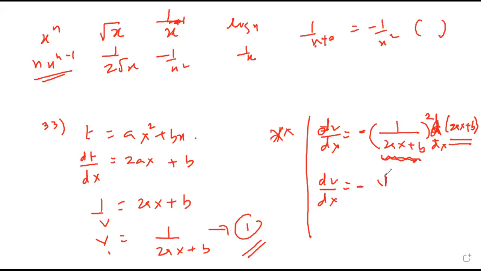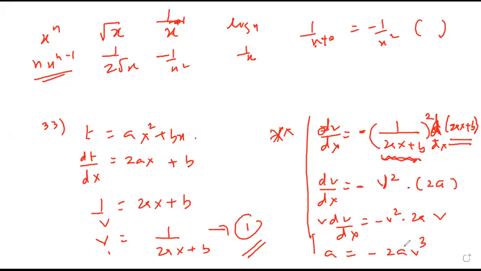This term became v square, so 1 upon 2x plus b is v square. Now the derivative of 2x plus b is 2a. So dv by dx will be minus v square into 2a into v. This is the acceleration: minus 2a v cube.